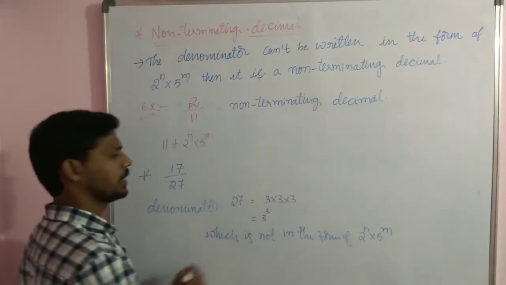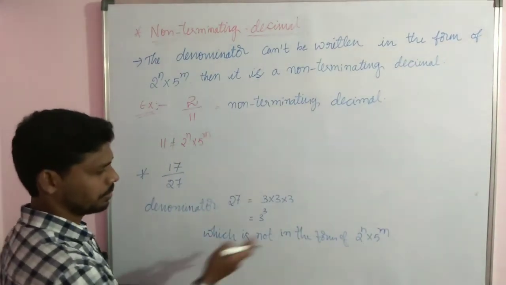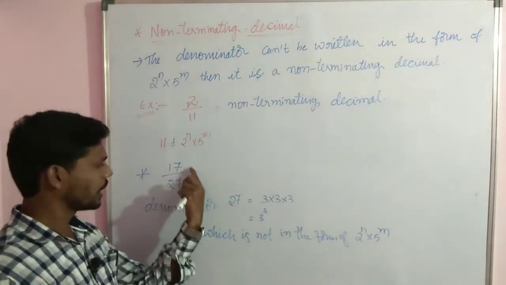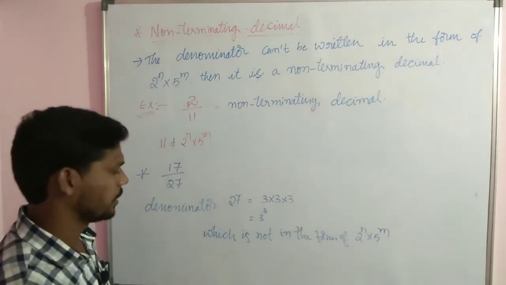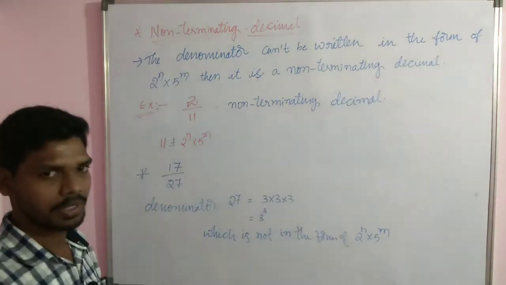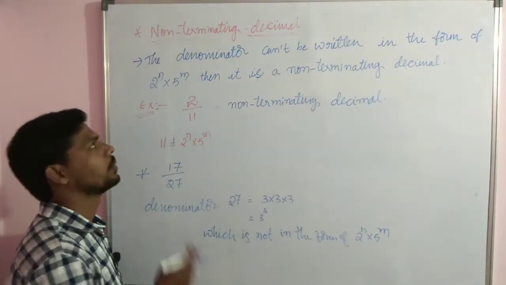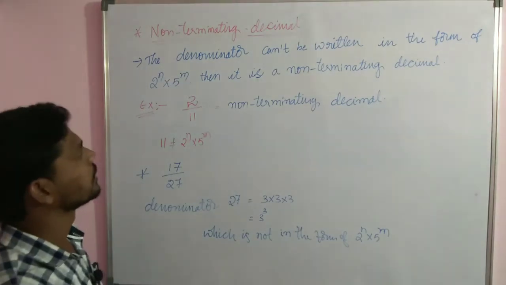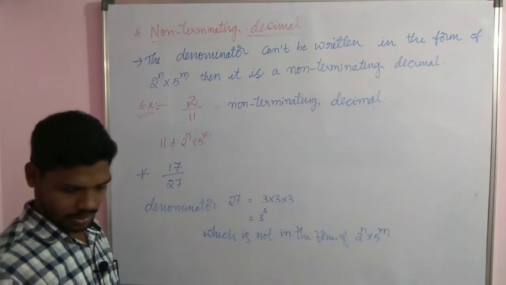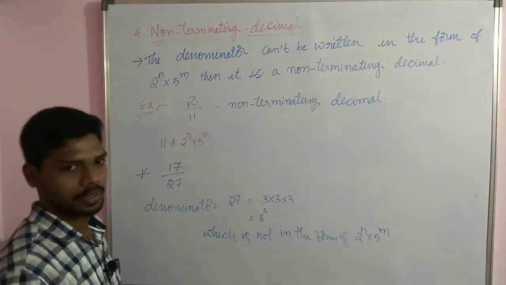So the given fraction is also a non-terminating decimal. I hope you understand well what is a non-terminating decimal. Okay, we will see the exercise problems, that is exercise 1.3.